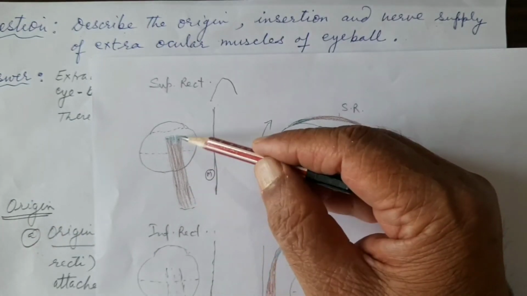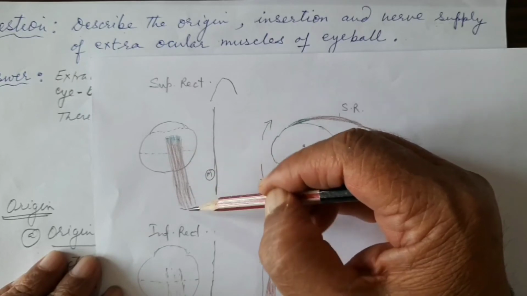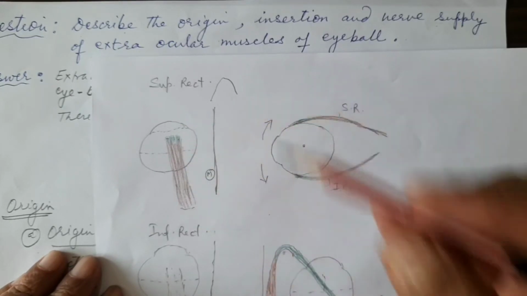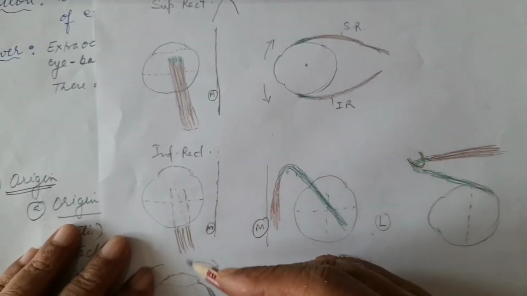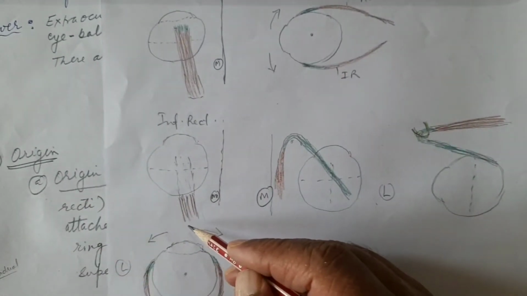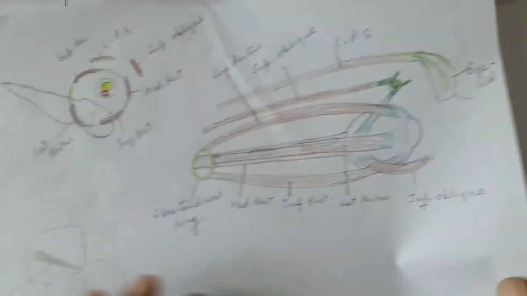So this is the superior rectus. See the direction of this muscle relative to the medial wall. Similarly, the inferior rectus also takes origin from the fibrotendinous ring, as is seen here.